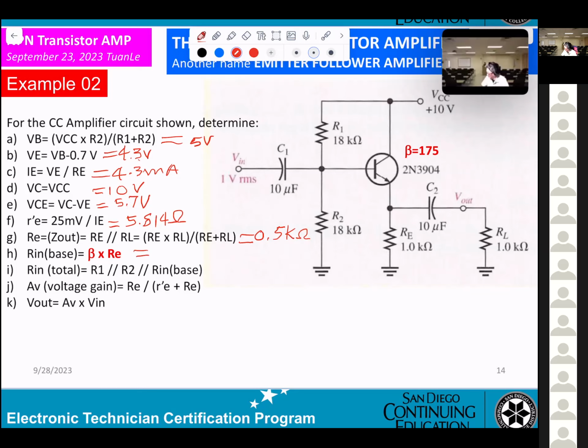R in base, beta times RE. 175 times 1, right? 175 times 500. There we go. Next, R1 parallel R2, parallel R in base.